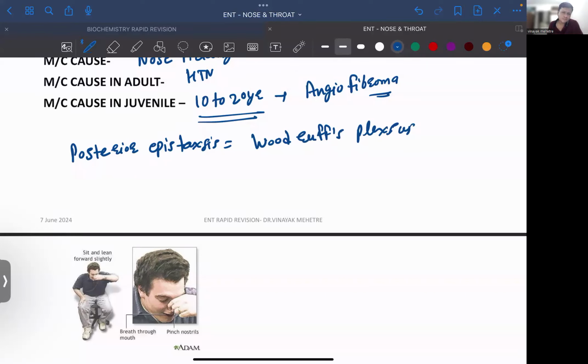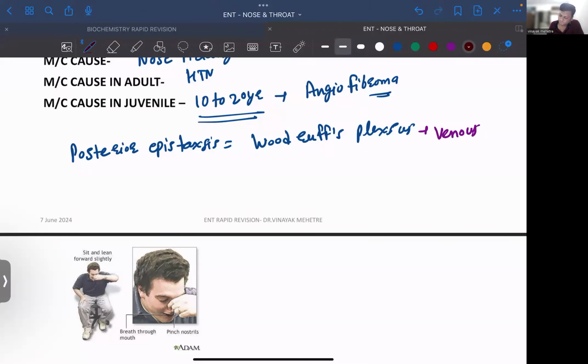Okay, think a little, the paper is one month later, right? Venous. Which color bleed will be this? Bright red or coffee bean color? Coffee bean color. Okay, coffee bean color, right?